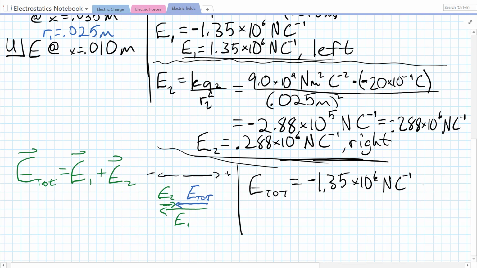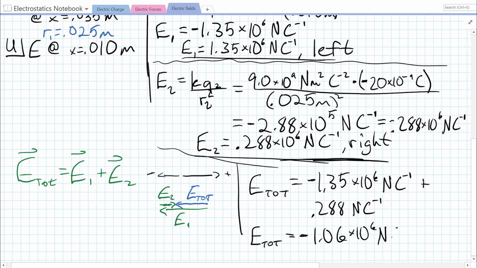It's going to be plus 0.288 times 10 to the 6 newtons per coulomb. The positive sign indicates that it is going to the right. So negative 1.35 plus 0.288 gives us a total electric field of minus 1.06 times 10 to the 6 newtons per coulomb.